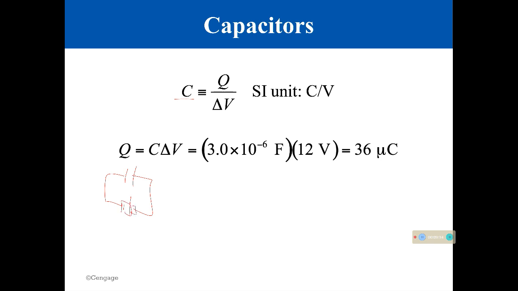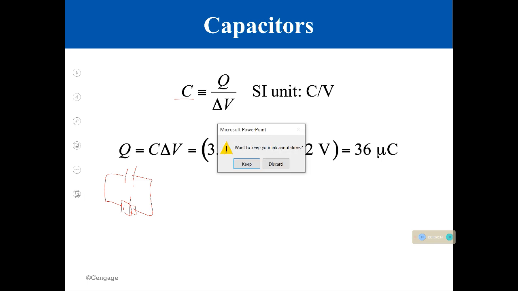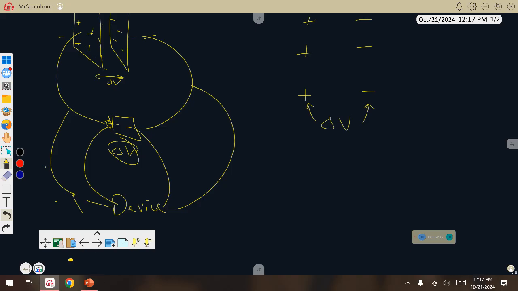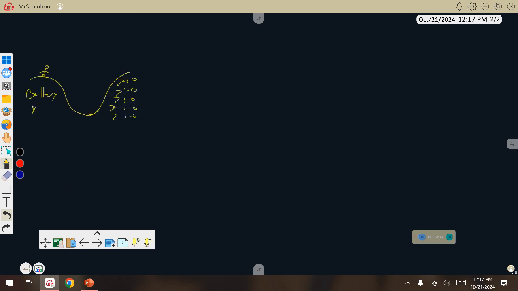If I have a 3 volt or a 1.5 volt battery hooked up to this setup of a capacitor, what does that mean? It means my hill is only so high, so I can only store so many kids, right? What's going to happen if I hook up a bigger battery? Does that change the capacitance, the ratio? It doesn't change the ratio. It simply changes the number of kids on the other side.